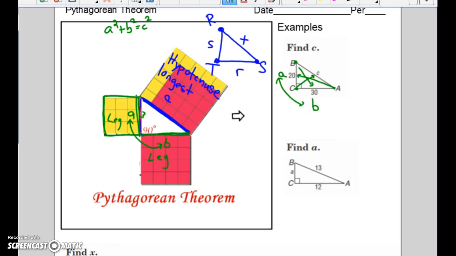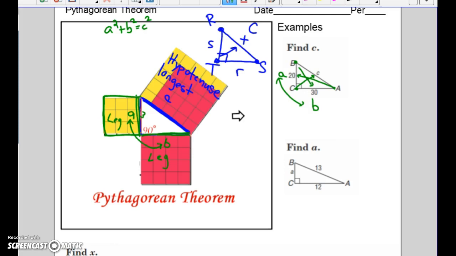It's still the one that's across from your 90 degrees is going to be your C. They just use different letters. Are we okay? Questions about that? Because that's where some people get confused. Well, they use different letters. They put an X in there. Well, don't worry about the X. They're just saying that I want to know what that piece is.